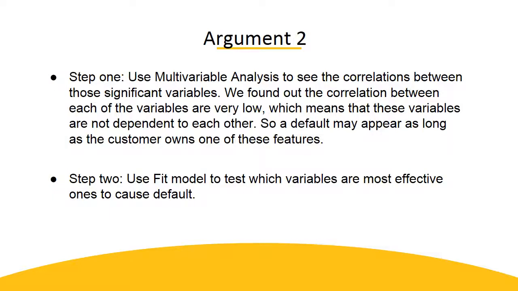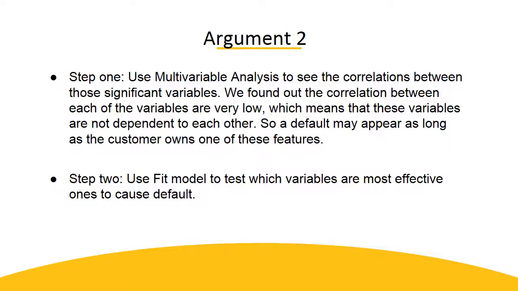Our second argument: we first use multivariate analysis to see the correlations between those significant variables. And we found that the correlation between each of the variables is very low, which means these variables are not dependent on each other. So a default may appear as long as a customer owns one of these significant features.